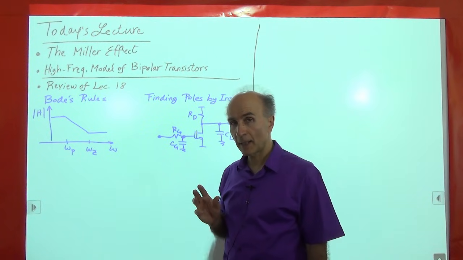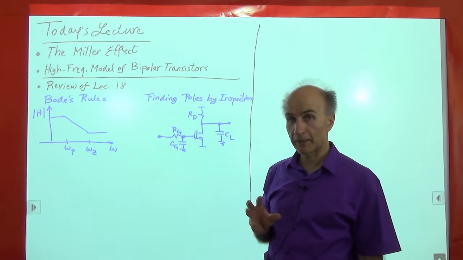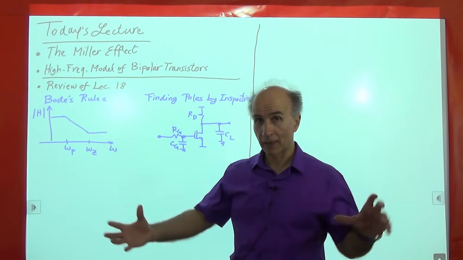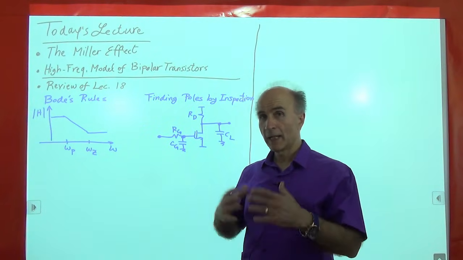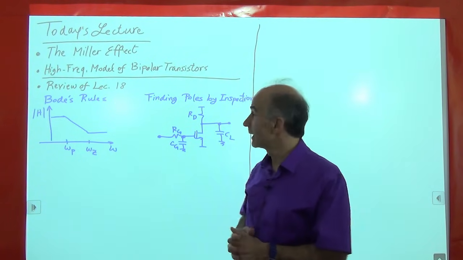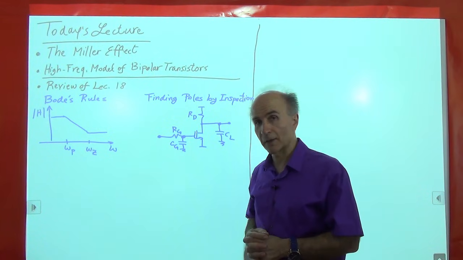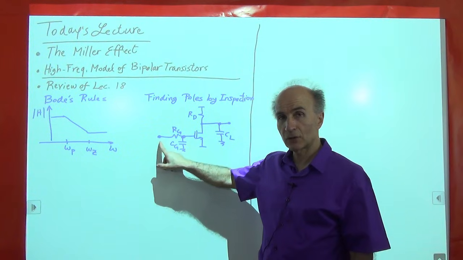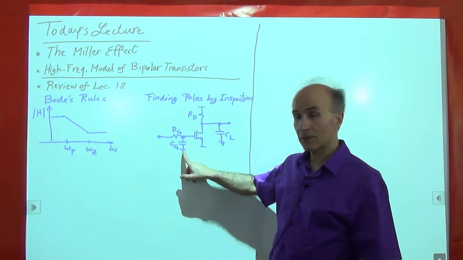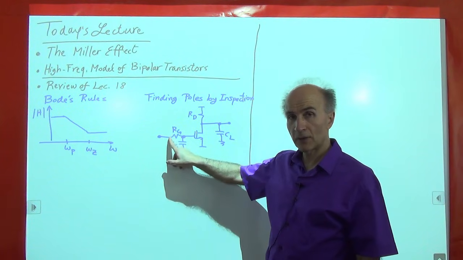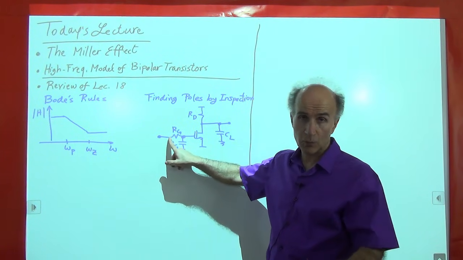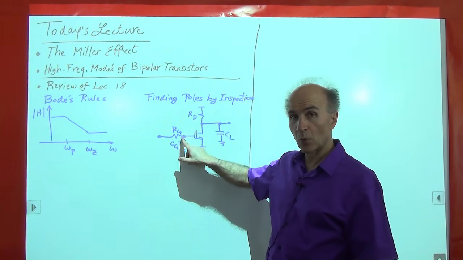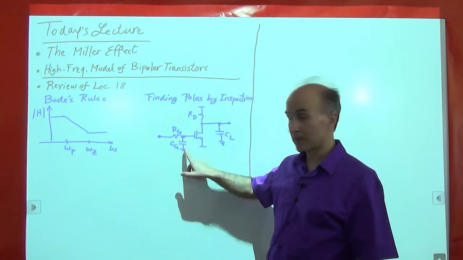And then we also talked about finding the poles of a system by inspection rather than by trying to draw out the entire small signal model and writing KVLs and KCLs. And our thought process was like this. If at a given node, I can find the resistance to AC ground and the capacitance to AC ground, then the product of these two, inverse of that, will give me the pole. So the pole associated with this node will be 1 divided by Rg times Cg.